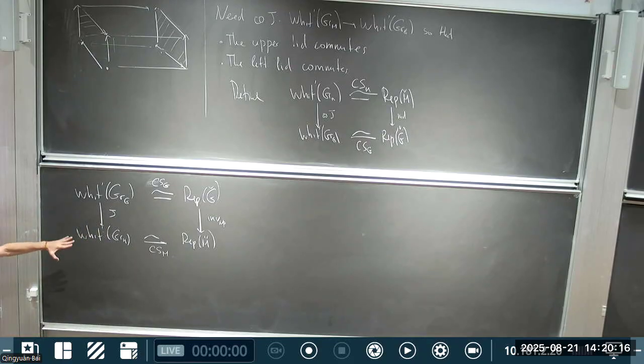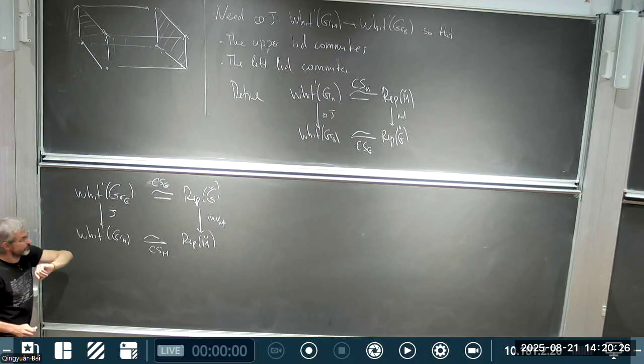I'll define a different functor, closely related to this coJ by some geometric operation that I won't explain, but I want to explain the geometric nature, at least some of the things involved.